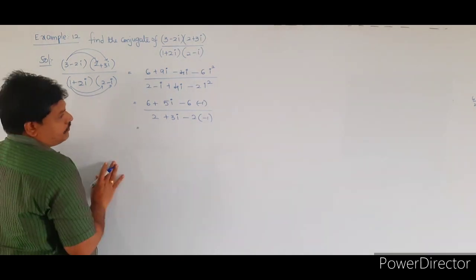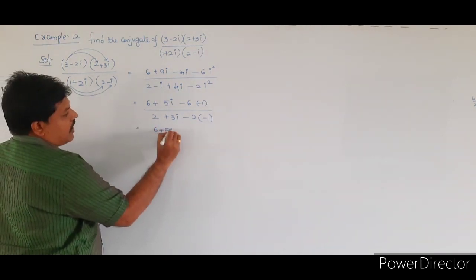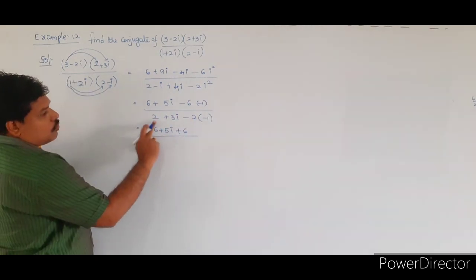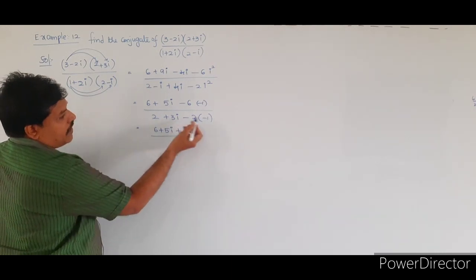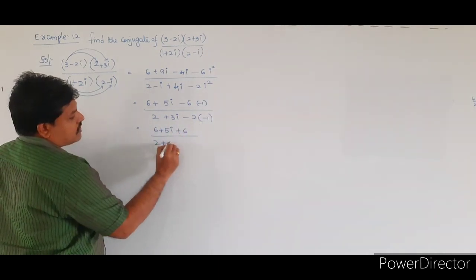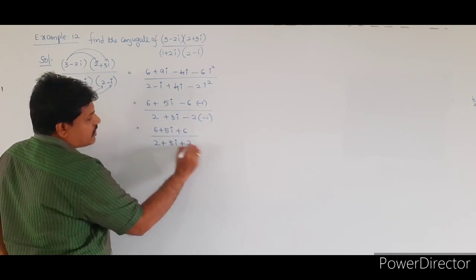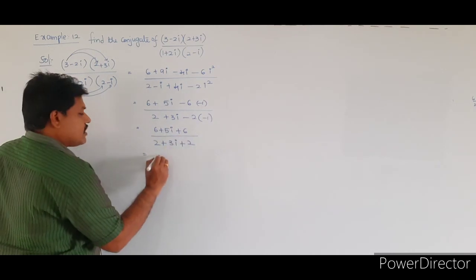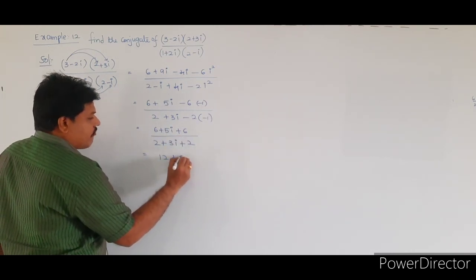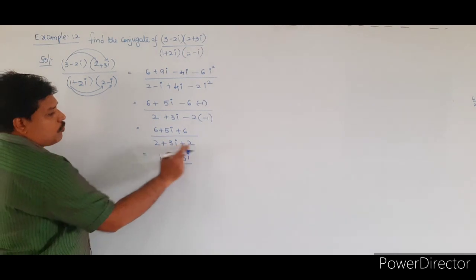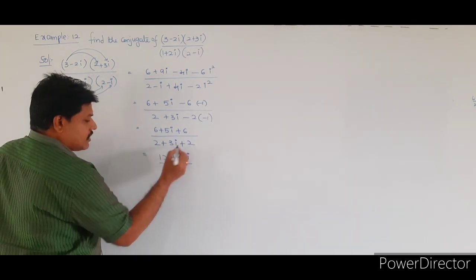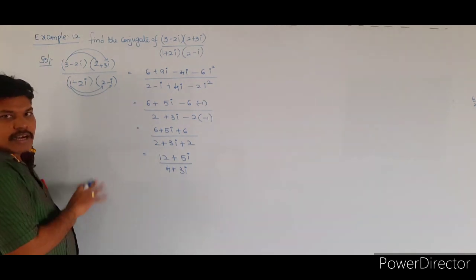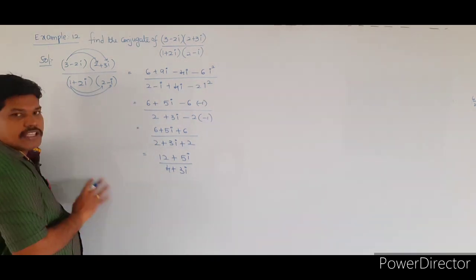So what happens? 6 plus 5i minus of minus, plus 6, by 2 plus 3i minus of minus, that is plus 2. So 6 plus 6 is 12 plus 5i, by 2 plus 2, that is 4 plus 3i. So just multiplying the terms, you get this value.